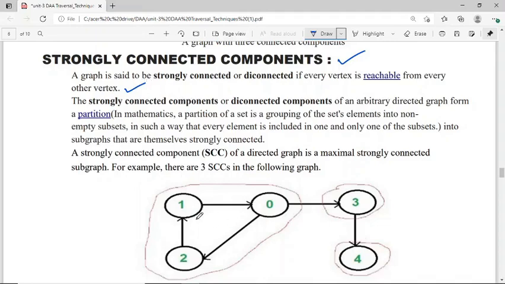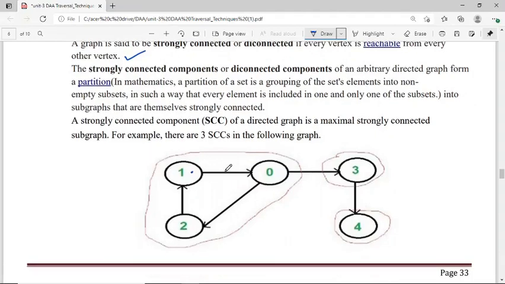Here, from 1 I am going to 0, from 0 I am going to 3 and 4. So from every vertex you can reach all other vertices. Then only it will be a strongly connected component.